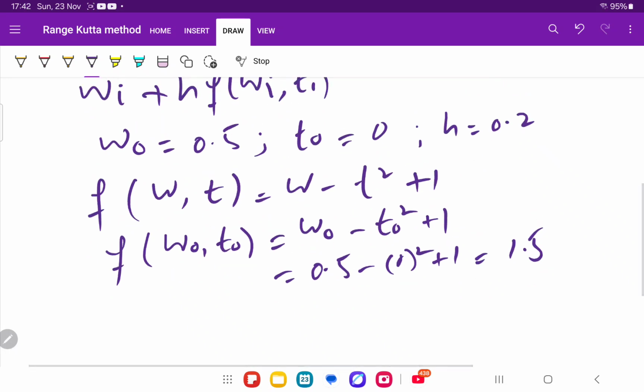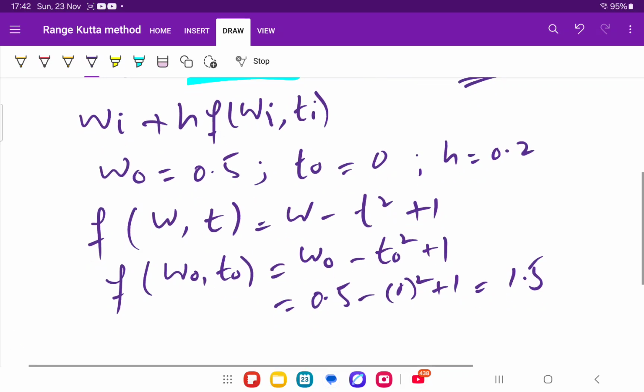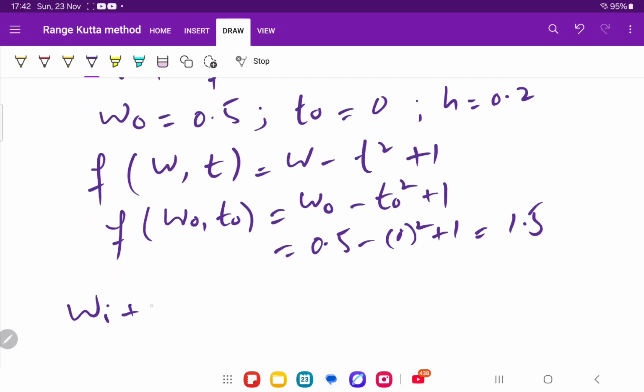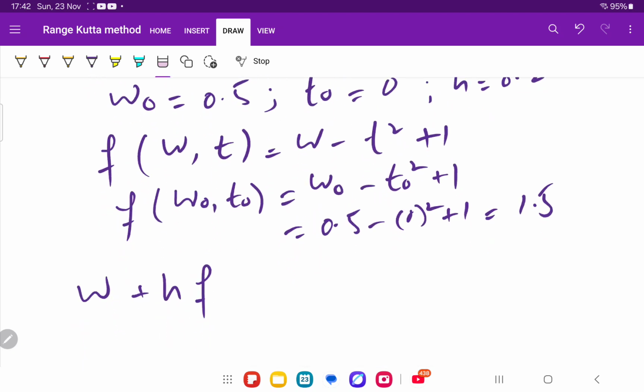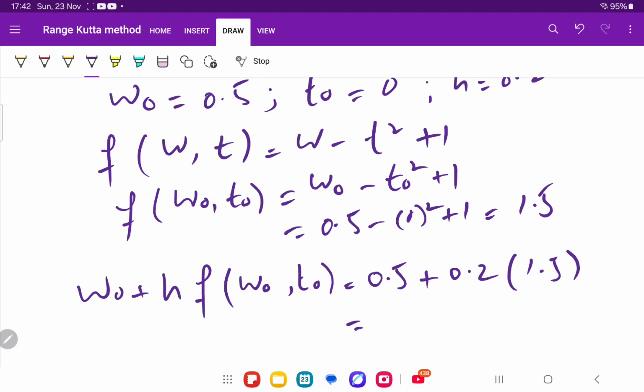But we need this term to be calculated: w naught plus h times f of w naught, t naught, which equals 0.5 plus 0.2 multiplied by 1.5, that is 0.3.